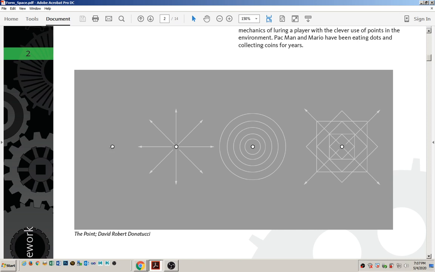And the main thing that's associated with points, and we'll see later when we extend this out to the idea of a circle or a sphere, is the idea of an origin. Now, if we think of it as an origin, we can see that we are starting here and something is originating out of it.